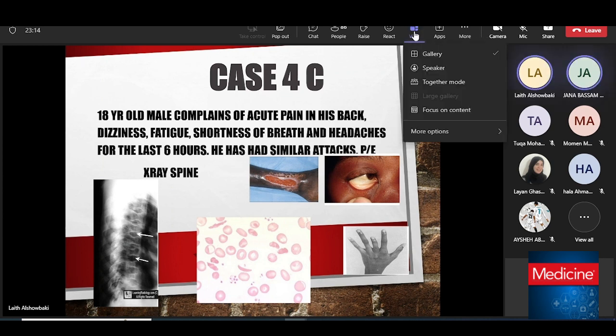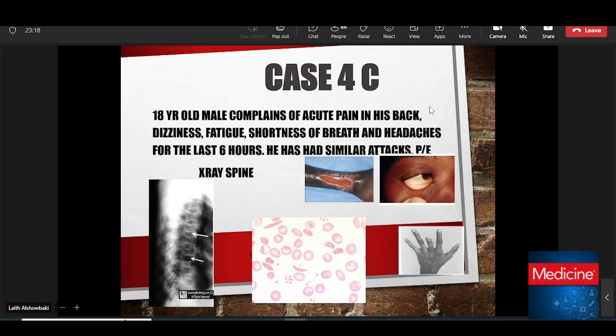Very good question. Excellent question. Now, in sickle cell, the pathophysiology behind having all of these issues is the lack of blood supply in many organs.